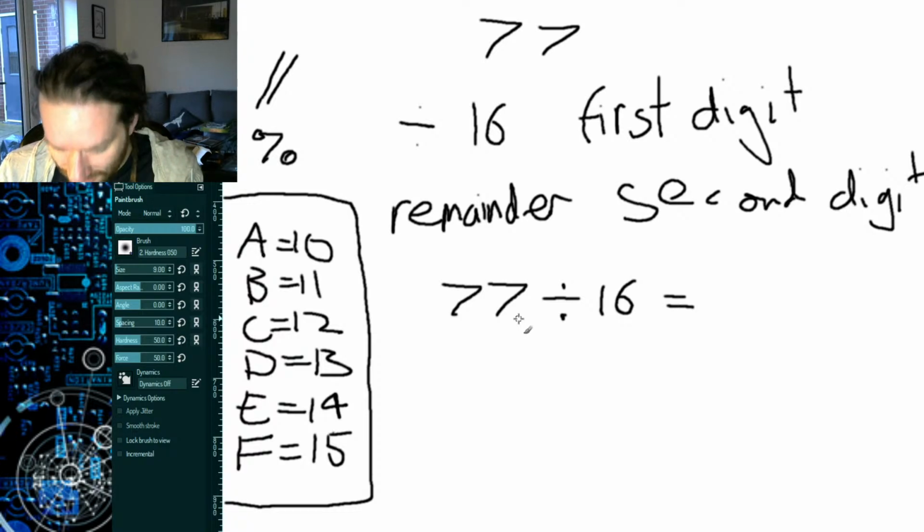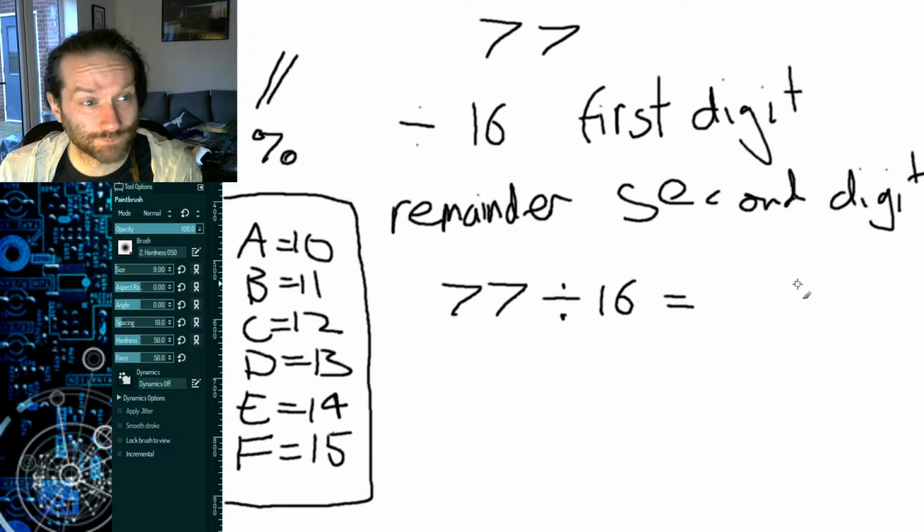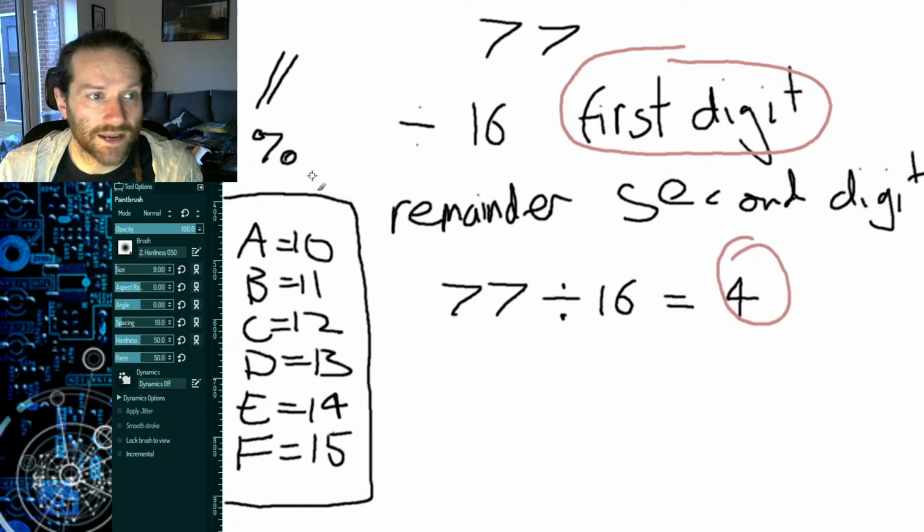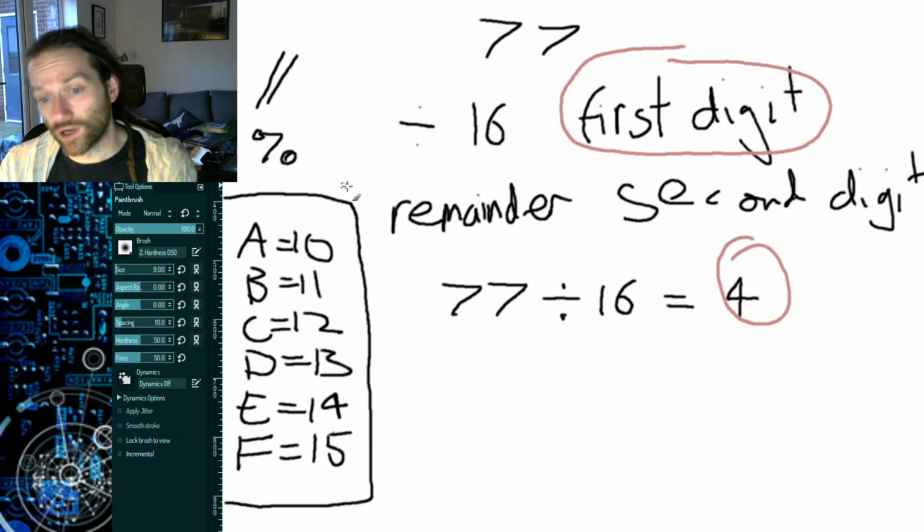What's 4 times 16? It's 64, right? Which means our first digit is 4.